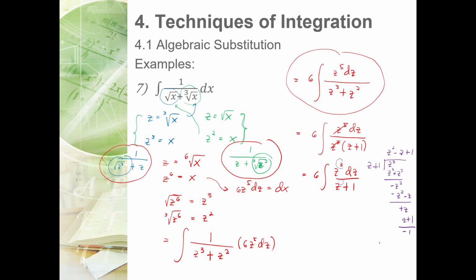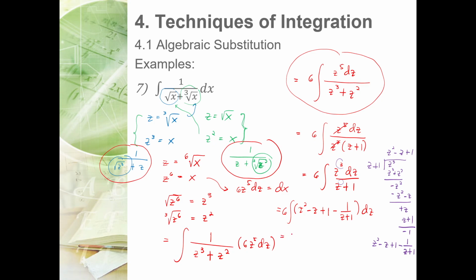So I'll just shortcut. Again, if you want to write this one in the correct form, the quotient is z squared minus z plus 1, then the remainder all over the divisor, so minus 1 all over z plus 1. So the expression becomes 6 integral of z squared minus z plus 1 minus 1 all over z plus 1 dz.